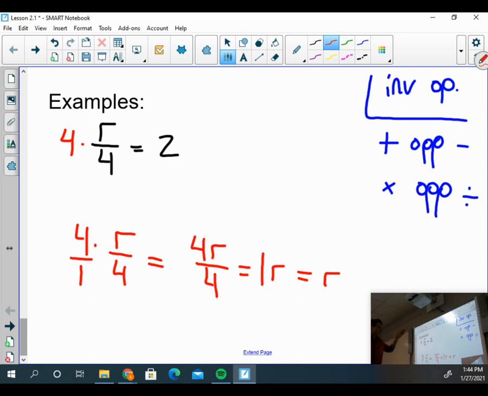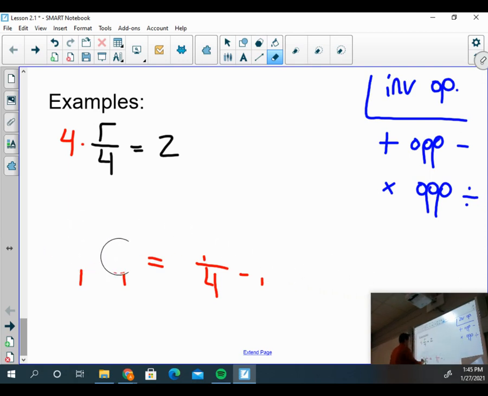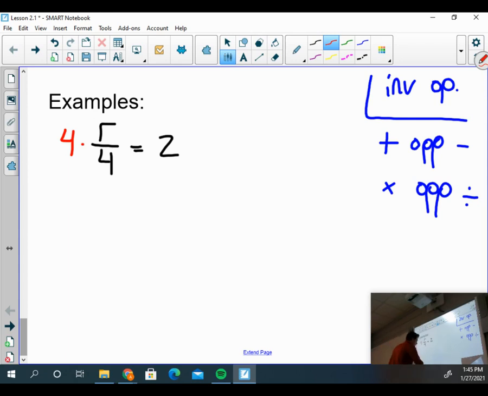When you have something divided by the exact same thing, it becomes 1, and 1 times anything is just itself, so you're left with the variable. This is why multiplication and division are deemed inverse operations. They cancel each other out. So the R is being divided by 4, so I multiply by 4, which will cancel out the 4's, leaving me with just R.